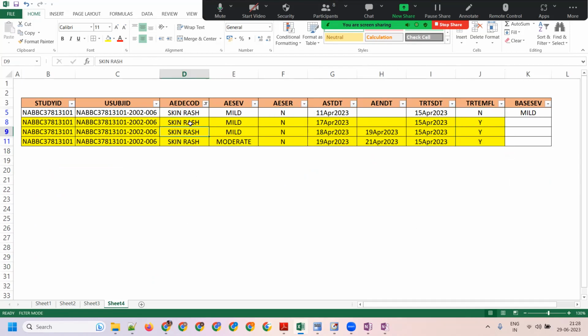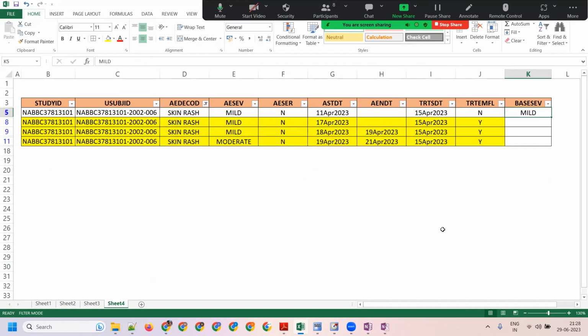As per my statement, any adverse event should exist only in the treatment period, but should not be present in the pre-treatment period. But this one is present in the treatment period also, and the pre-treatment period also. Now my rule is supposed to change. How is my rule supposed to change? My rule is supposed to be changed now by considering the severity.